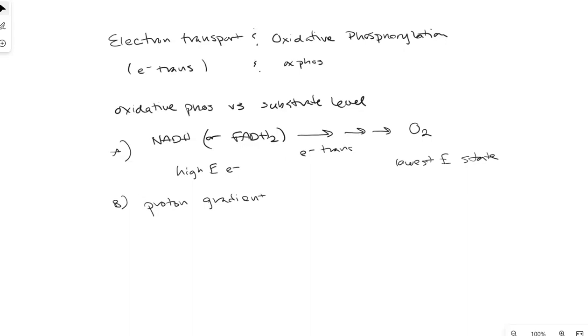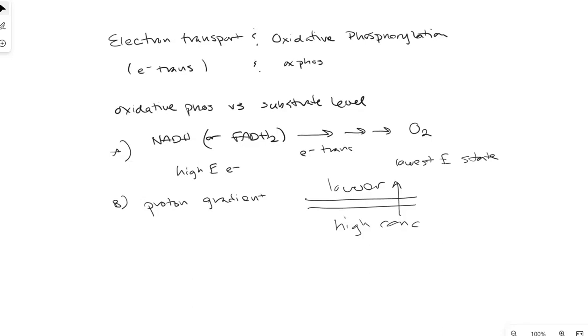And what that looks like is, whenever you have a membrane or division and you have a gradient where you have a high concentration on one side and a lower concentration on the other, there's a natural tendency for the side with the high concentration to want to move across the membrane to the lower side.